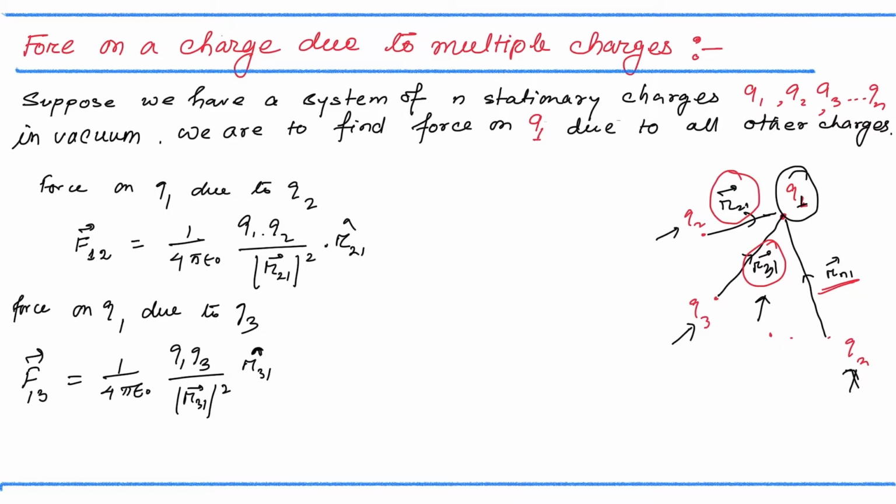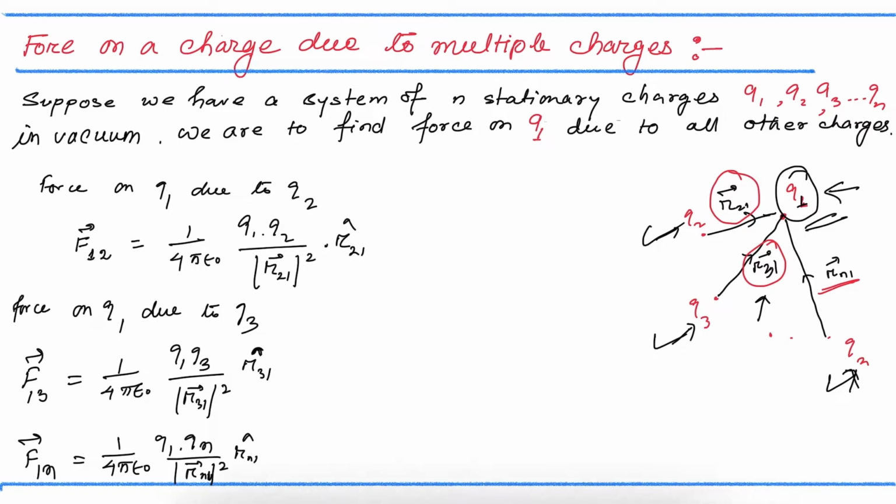And that's how we can find forces on Q1 due to the remaining charges in this system. So F1n, that means force on Q1 due to Qn, is given by 1 by 4 pi epsilon naught Q1 Qn by the square of the magnitude of Rn1 and Rn1 cap. That's how we can find.